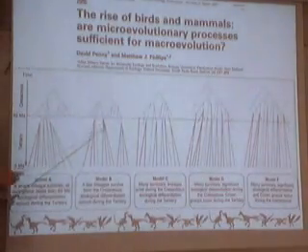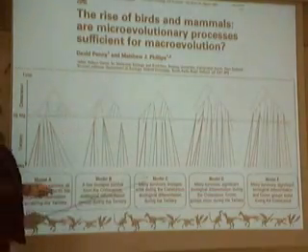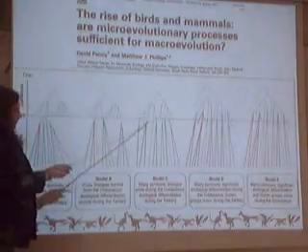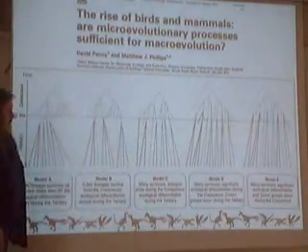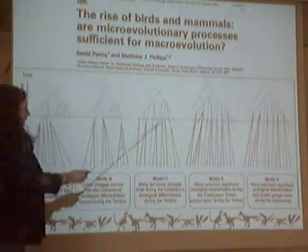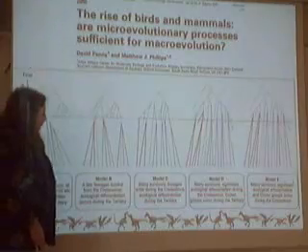And you have lots of diversification here. And then when you come to model C, you have many survivors that come across the KT boundary, and you have more diversification occurring here.